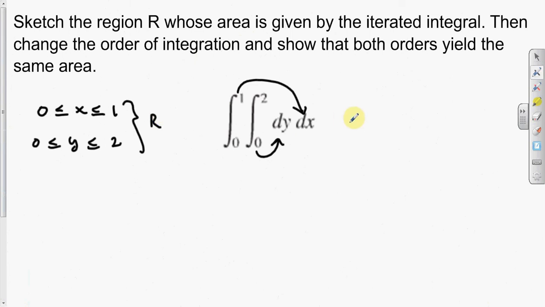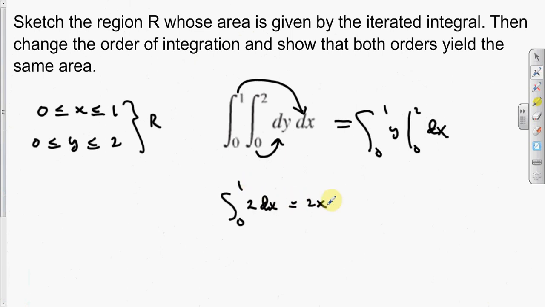Now, if I calculate that as it is, this is the integral from 0 to 1. This becomes y evaluated from 0 to 2 dx. And so that just becomes the integral from 0 to 1 of 2 dx. This is 2x evaluated from 0 to 1, and we just get 2.